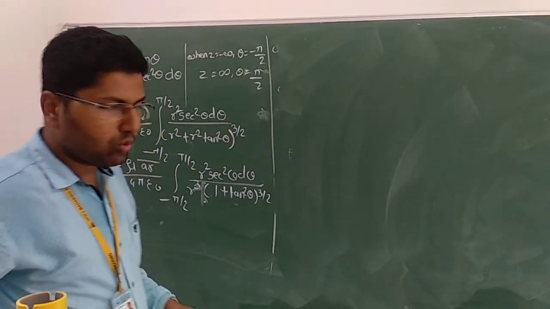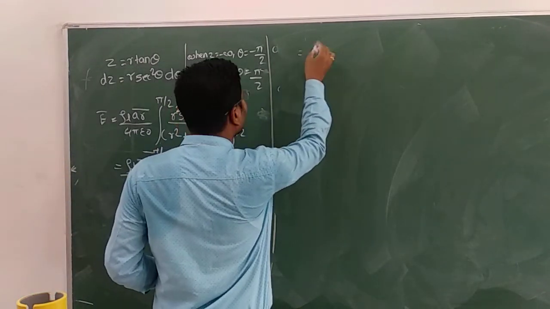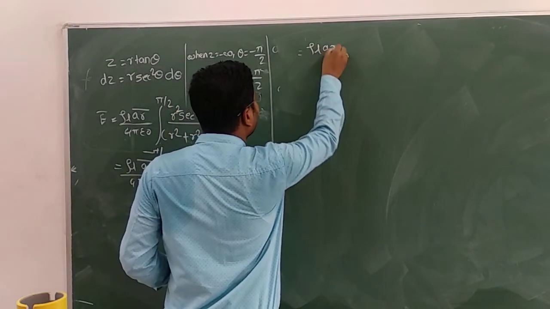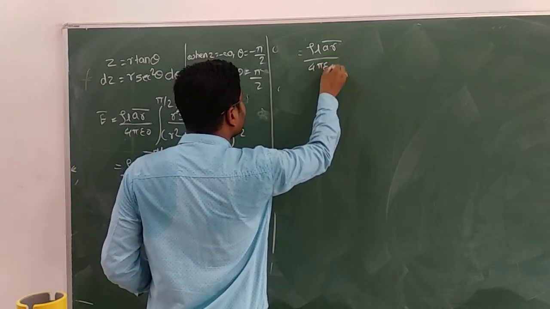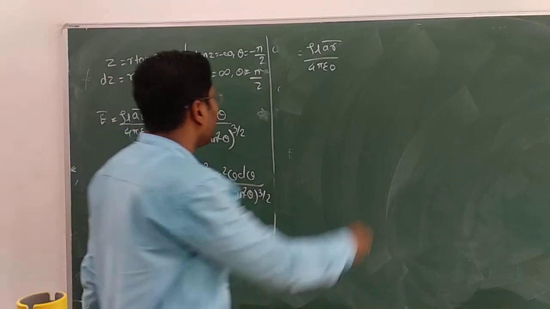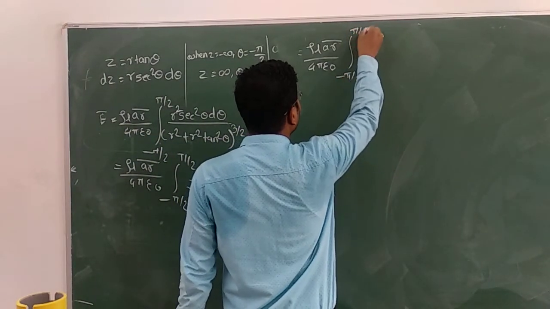Now what you have to do is, here again I will write rho L AR bar divided by 4 pi epsilon 0, from minus pi by 2 to plus pi by 2.